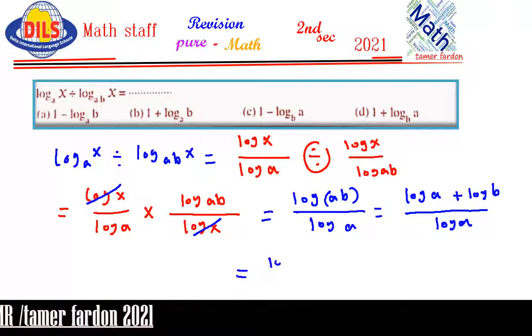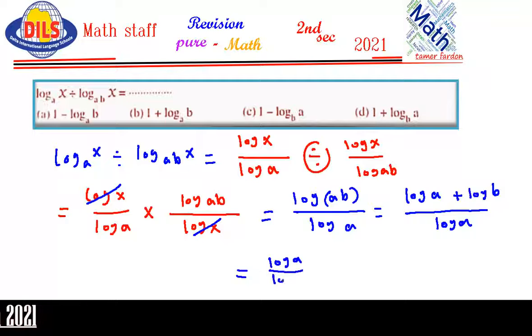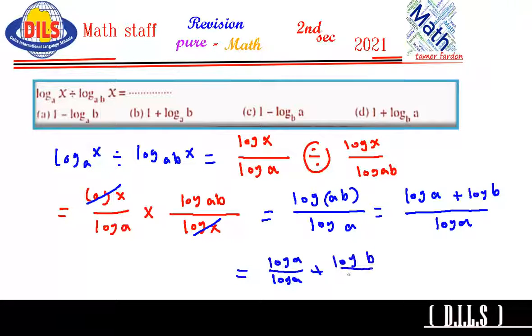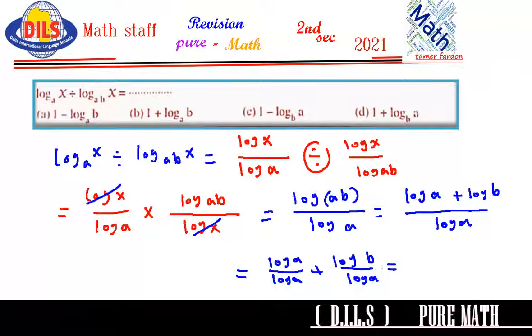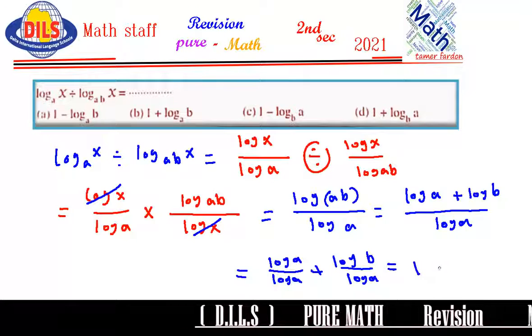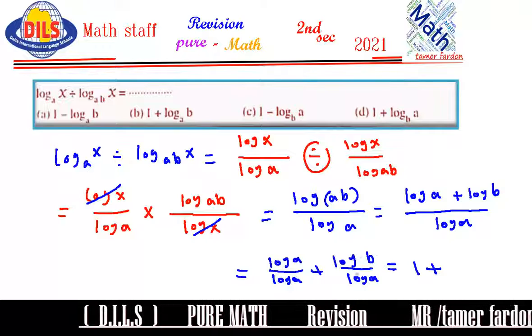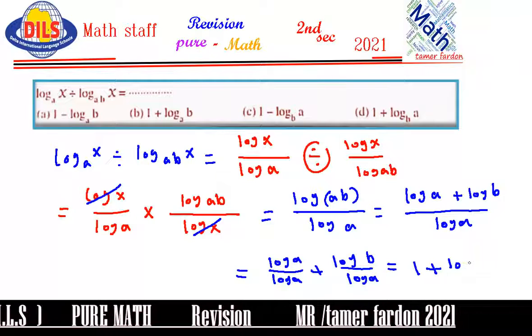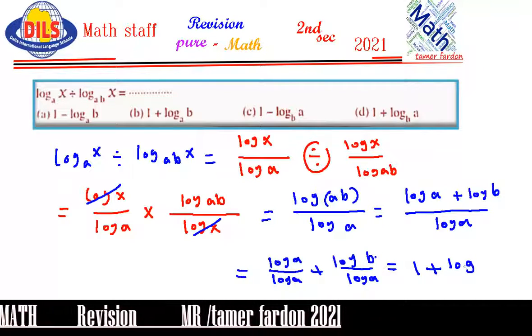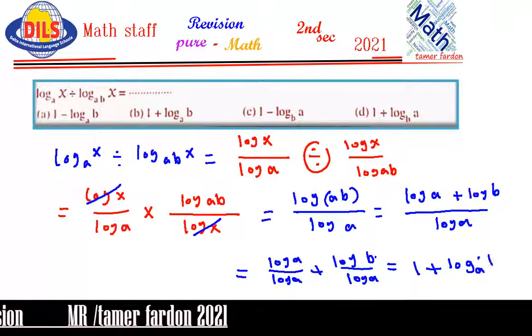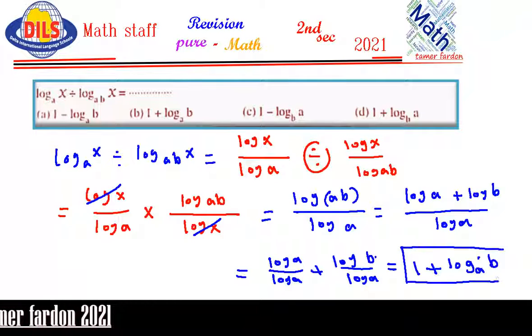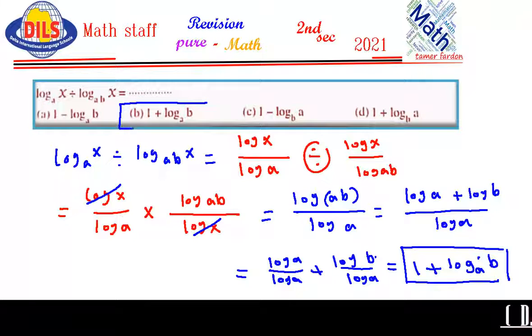This equals log a over log a plus log b over log a. This equals 1 plus log b over log a. We can write it as log a b. So the correct answer is 1 plus log a b.